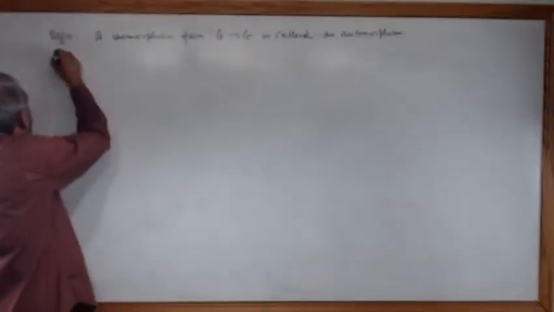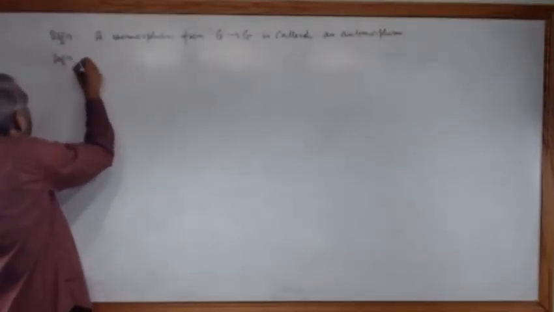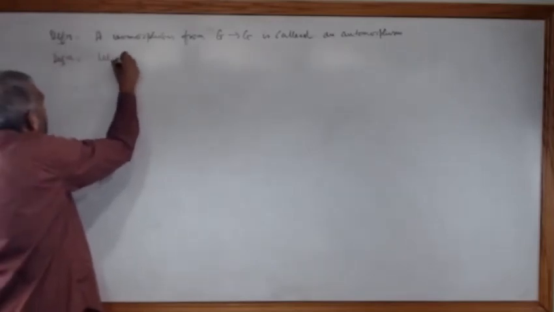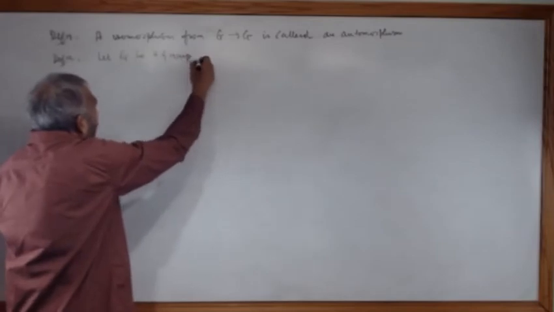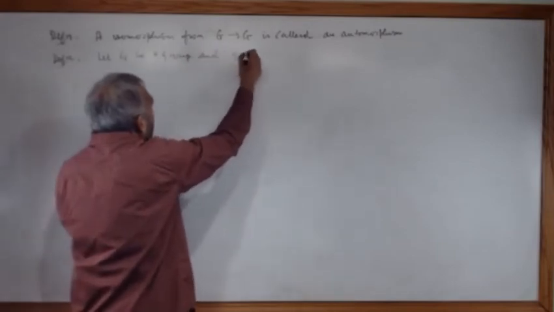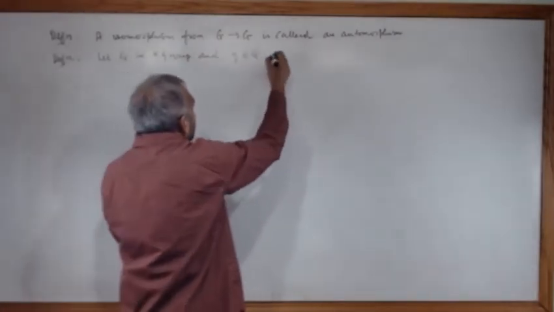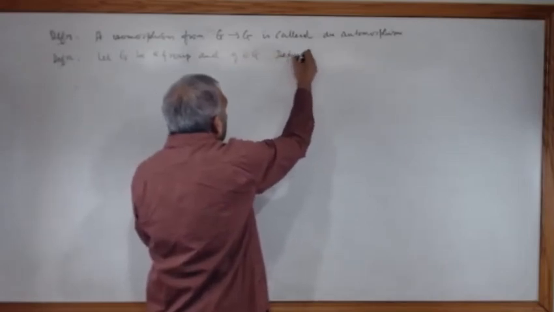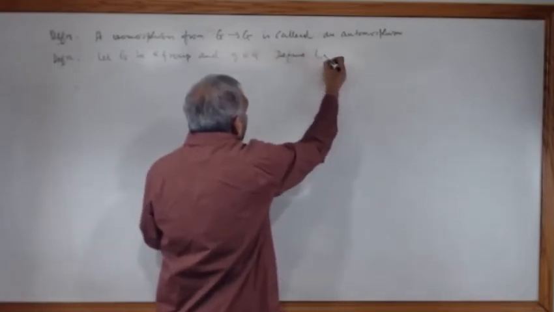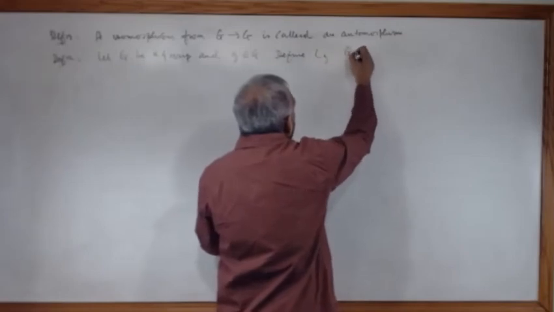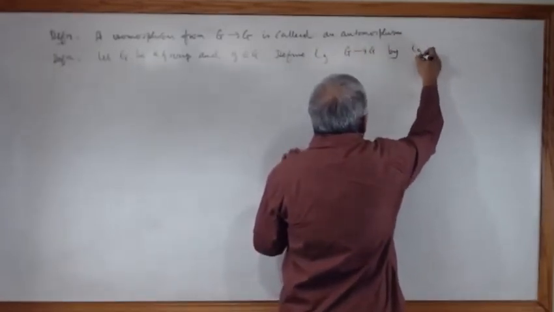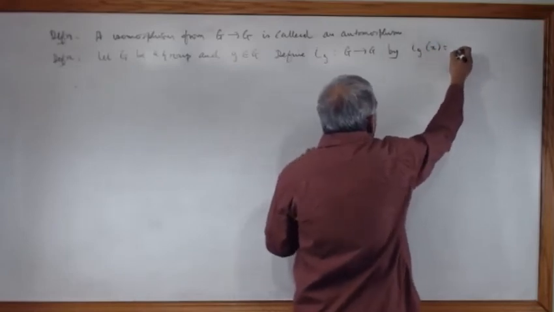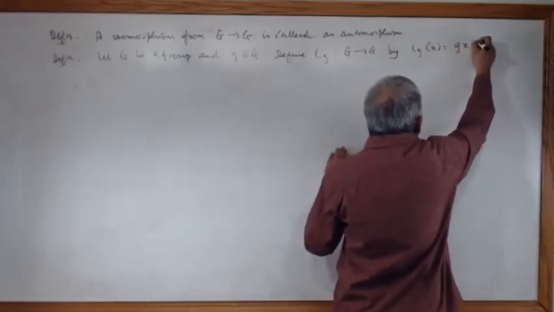Now let us define a special automorphism. Let G be a group and g belongs to G. Define ig from G to G by ig of x equal to gxg inverse.